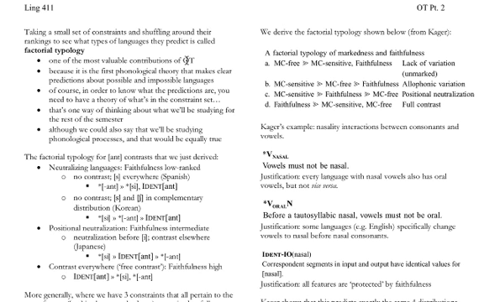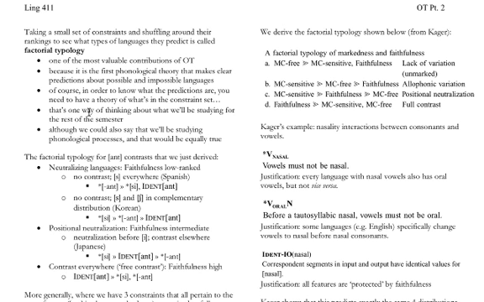Because it's the first phonological formalism that really makes clear predictions about what kinds of languages do and don't exist. Right? So I'll get to this in a minute, but not only do these 3 constraints predict the 4 phonological distributions we've just looked at, but they also predict no other distributions. I'll illustrate that in a second.